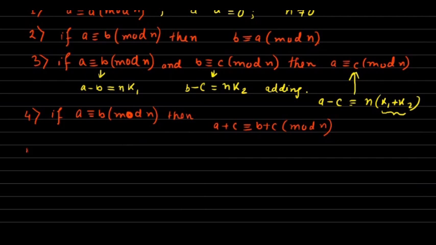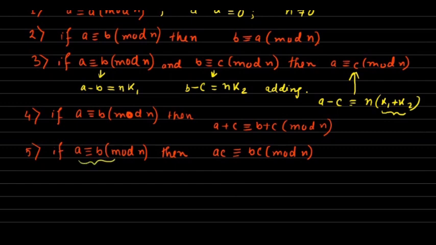So now coming to the fifth property: if a is congruent to b mod n, then we can multiply another integer on both sides, ac is also congruent to bc mod n. Similar to property number 4, let's prove it. If a is congruent to b mod n, this means a minus b is divisible by n.